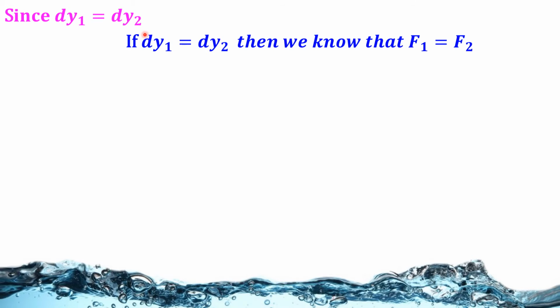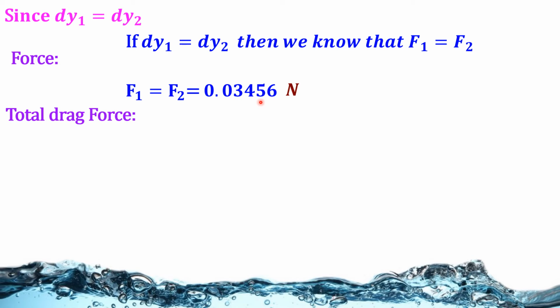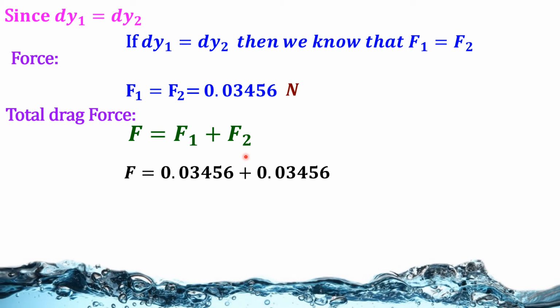Since dy1 is equal to dy2, we know that F1 is equal to F2. Force F1 equal to F2 is equal to 0.03456 Newton. Therefore, the total drag force F is equal to F1 plus F2. Substituting the values, we get the total drag force as 0.06912 Newton.